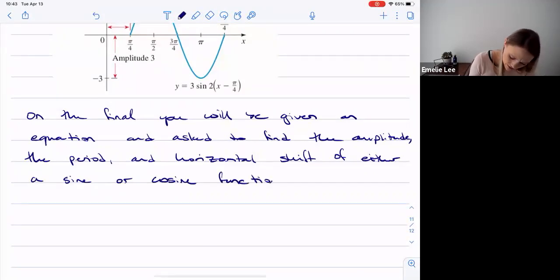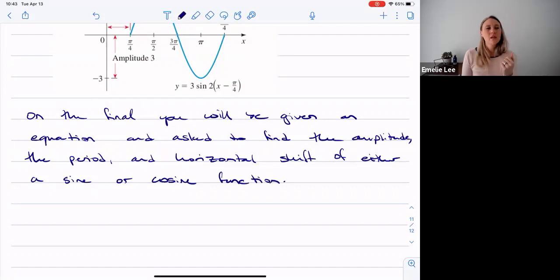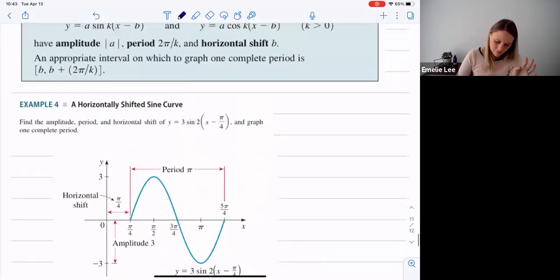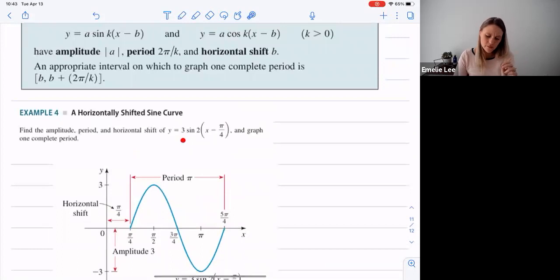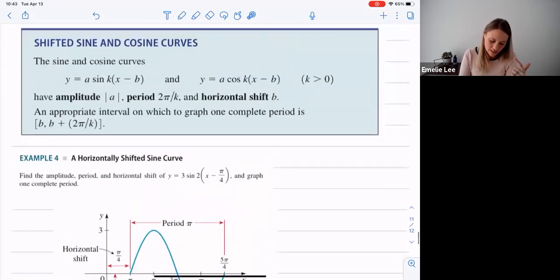But they behave the same way, right? So in this case, I have a sine function, right? So what I'm going to do is I'm going to rearrange this thing until it looks like this, right?